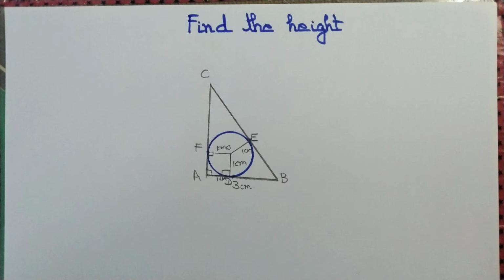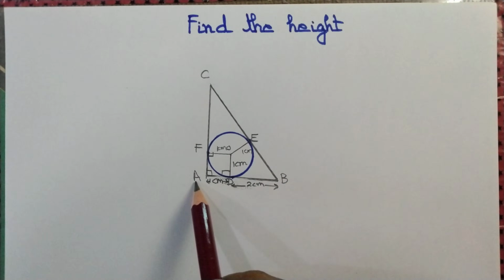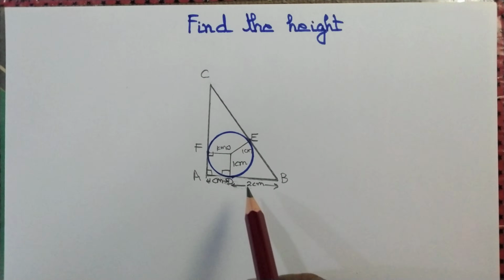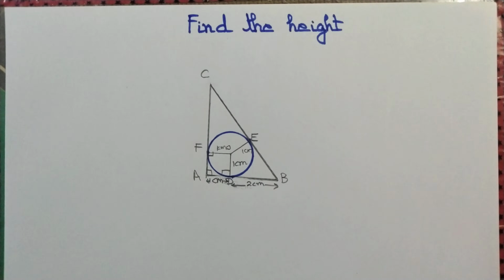In that case, since AB measures 3 centimeters, it turns out that DB measures 2 centimeters.